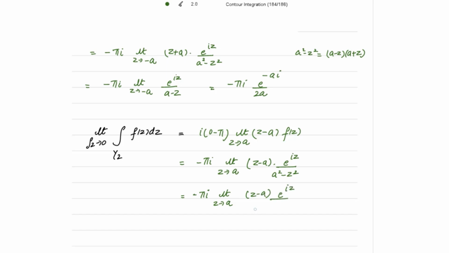I am taking the negative outside, so this becomes (z minus a) and (z plus a), or (a plus z). So this will cancel out, this negative cancels out with this negative sign, and this is pi iota, putting the value of a now, e to the power iota a over 2a. So this is the value for the integral along the second semicircle.